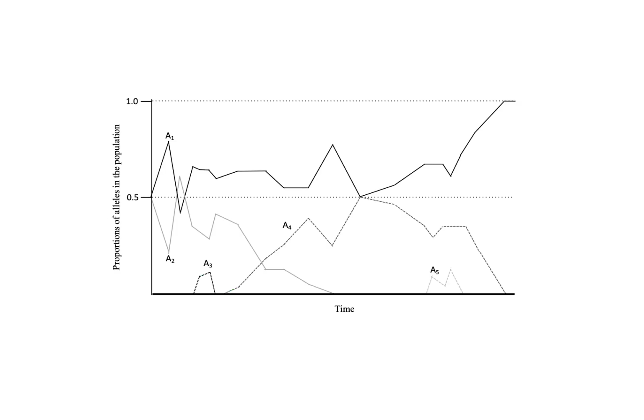So here's a theoretical example where you start with two alleles, A1 and A2, and they vary in proportion within the population.